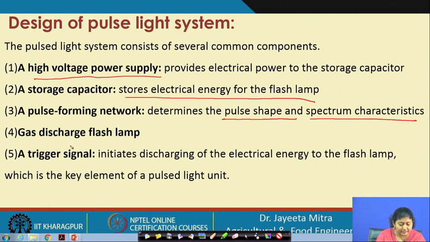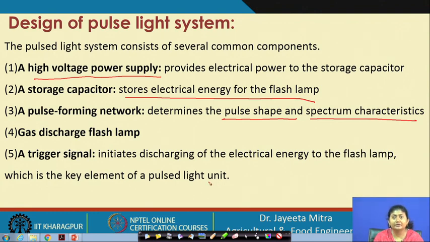There is a gas discharge flash lamp, that is the inert gas lamp, and a trigger signal is there. This initiates the discharging of the electrical energy to the flash lamp, which is the key element of the pulse light unit.